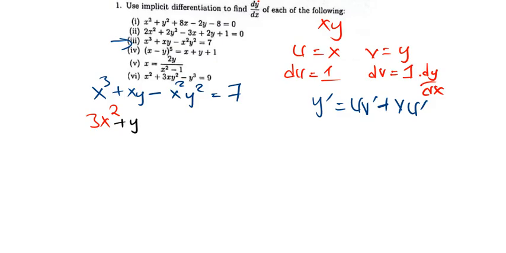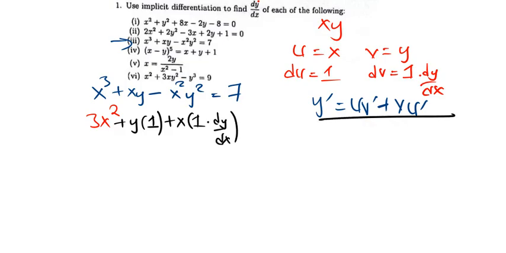So y, multiplied by the derivative of x, which is a 1. Now if you start with x, you're supposed to multiply by the derivative of the other part, which is y. Derivative of y is 1 multiplied by dy dx. This is equal to what you're going to get when you are substituting that formula.